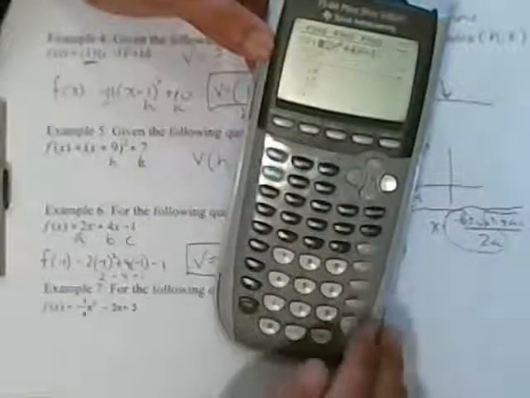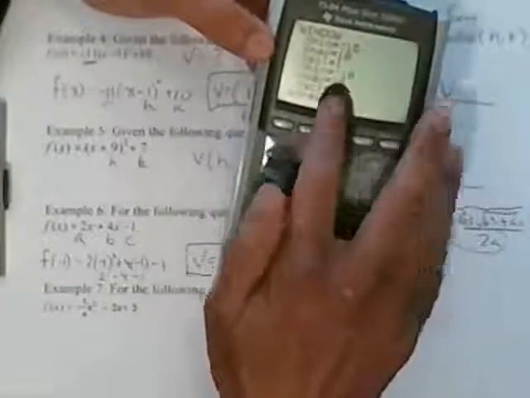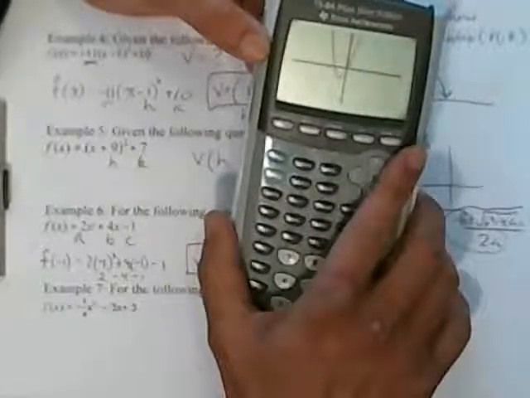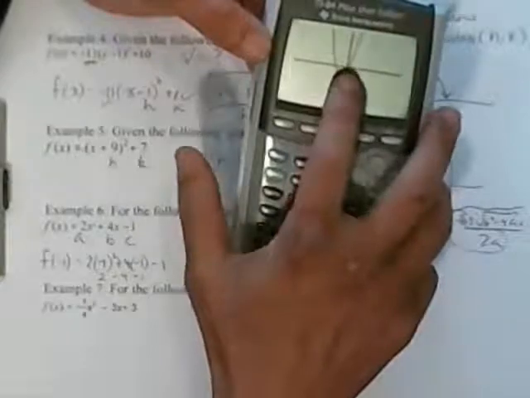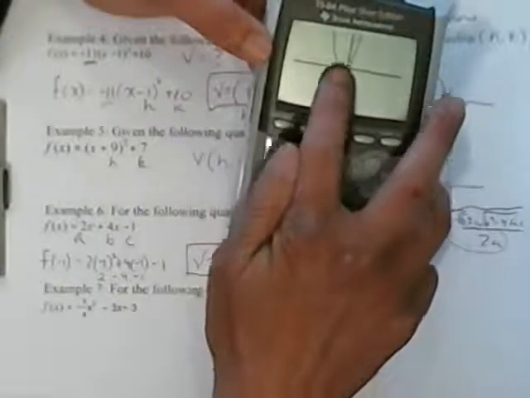And press enter, that kind of sets it. Check your window, negative 10 to 10, negative 10 to 10. We're just going to graph it. And your vertex seems to be at negative 1, negative 3. Oh, there it is.